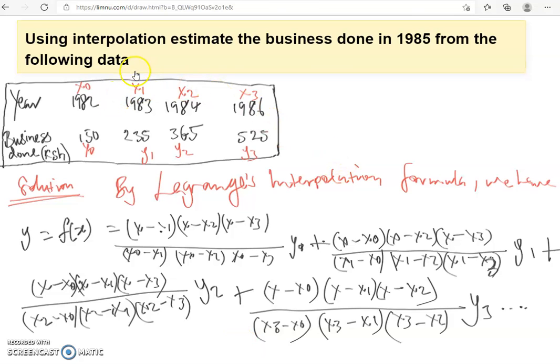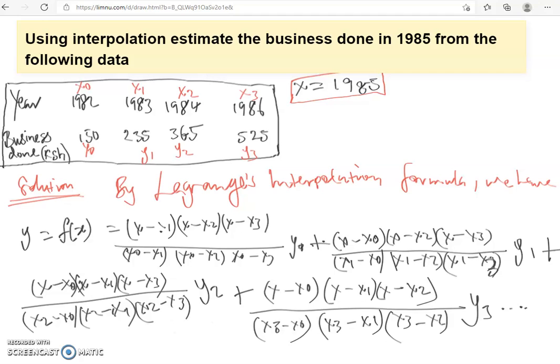So we are estimating the business done in 1985. That means that the value for x in this equation will be 1985. So have that down. 1985 is our value for x.